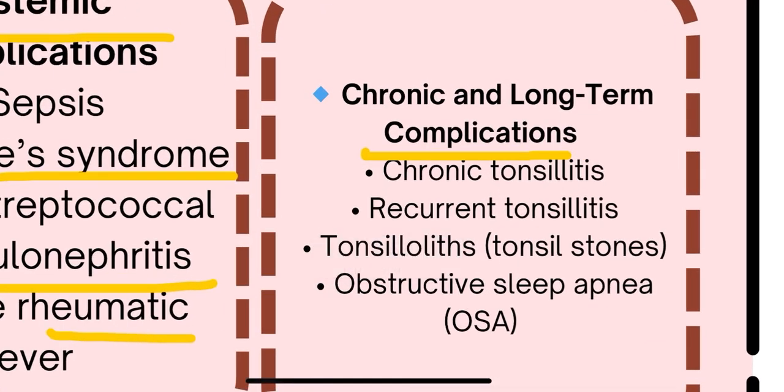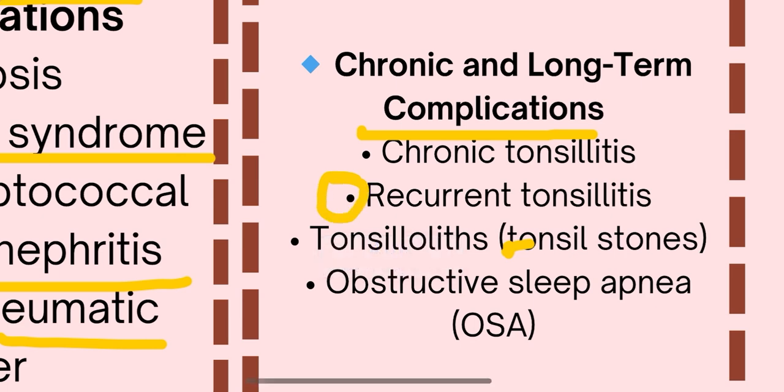Regarding chronic and long-term complications, we have chronic tonsillitis. This occurs when the symptoms of tonsillitis last for more than 2 weeks, or most likely from repeated or inadequately treated acute tonsillitis.